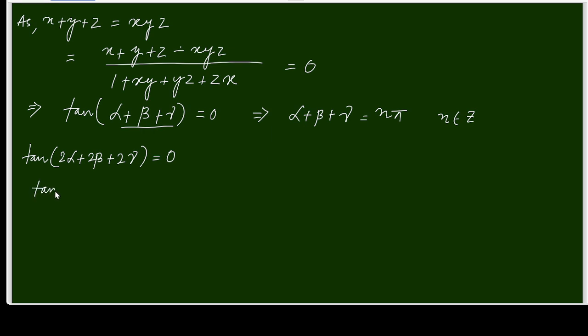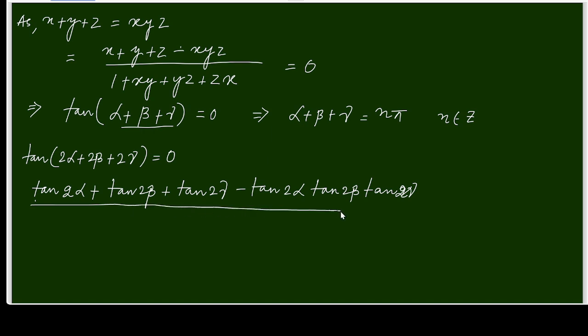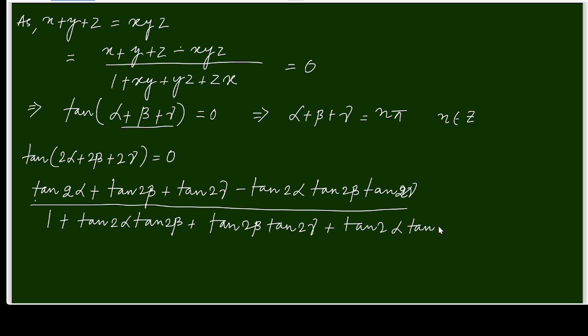So applying the formula for the left hand side, it will be tan 2 alpha plus tan 2 beta plus tan 2 gamma minus tan 2 alpha tan 2 beta tan 2 gamma, whole upon 1 minus (tan 2 alpha tan 2 beta plus tan 2 beta tan 2 gamma plus tan 2 alpha tan 2 gamma), is equal to 0.